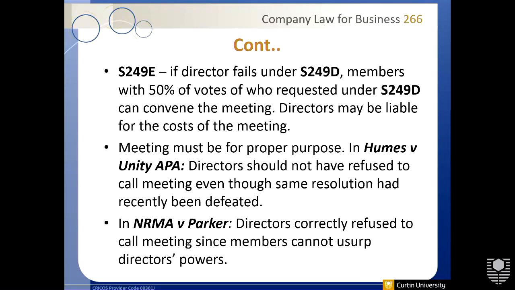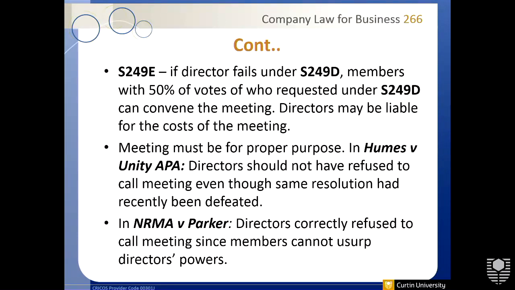So you have two conflicting cases with different decisions. One says that although the motion has been defeated, it doesn't mean they can't bring it up again. In such a case, they still have the right, because in Humes, what are they trying to do? Remove directors. Do members have the power to remove directors? Yes. So they can call for such a meeting, and you can't stop that. But in Parker, they were trying to tell the directors how the votes should be taken.